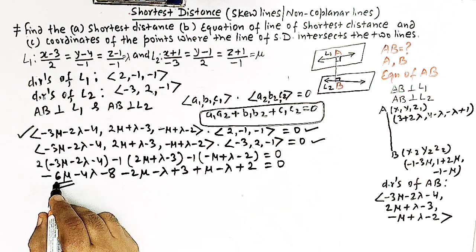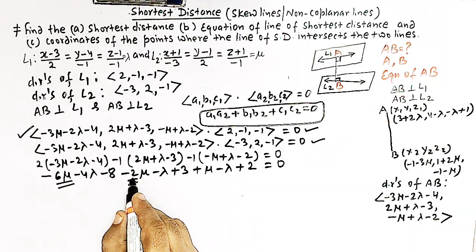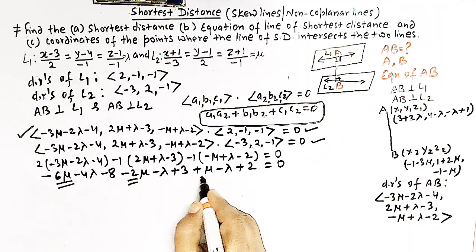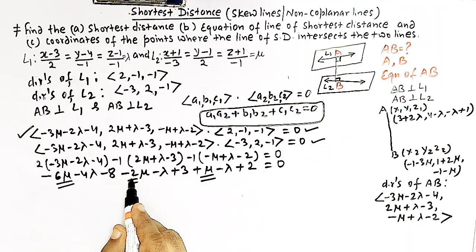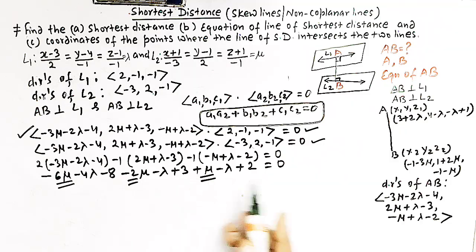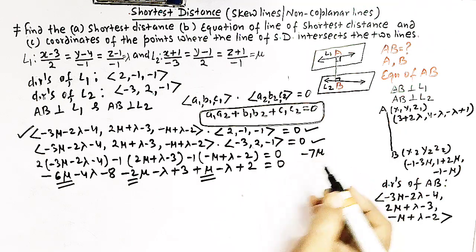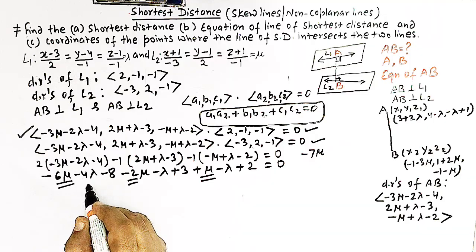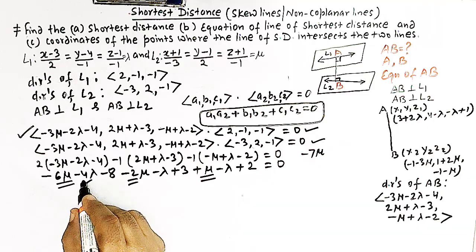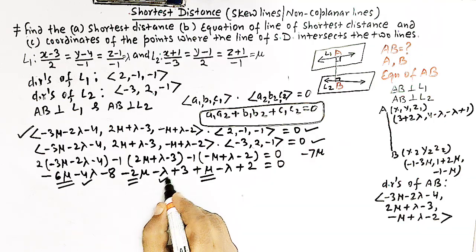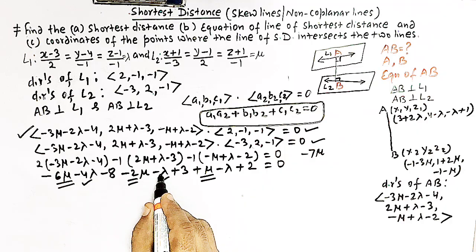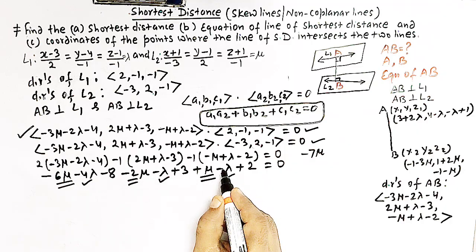So here we have minus 6, minus 2, and here we have 1. So this is minus 8 plus 1, that is minus 7 mu. And then we have here minus 4, then here we have minus 1, that is minus 5, and here we have minus 1.